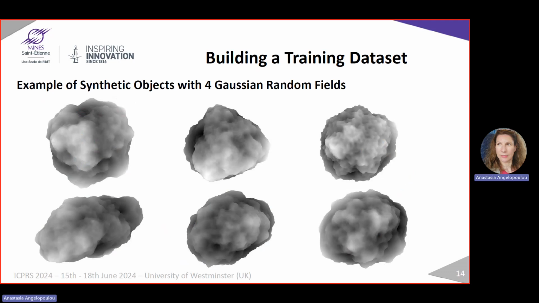Those are some examples of objects that we can create with our model. We are using 4 Gaussian random fields for a total of 10 parameters. So it's highly flexible, and we can generate like 1,000 objects in less than 2 seconds.